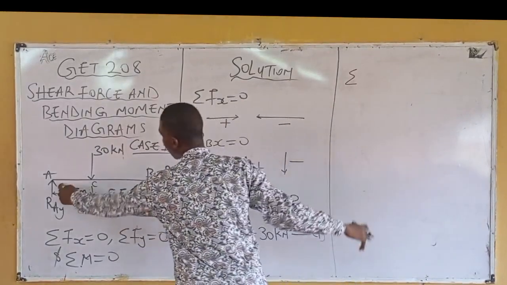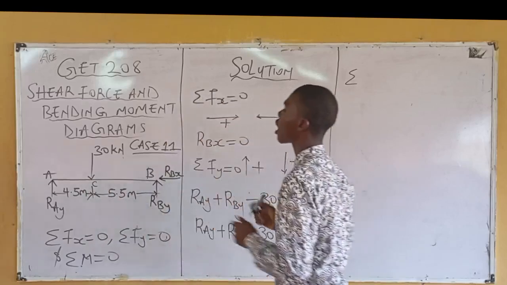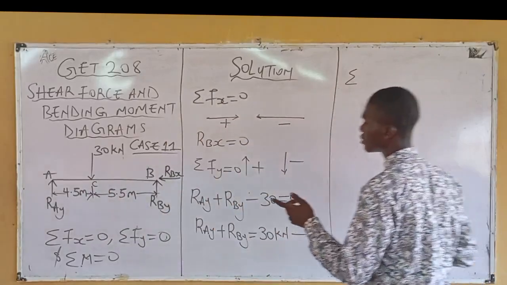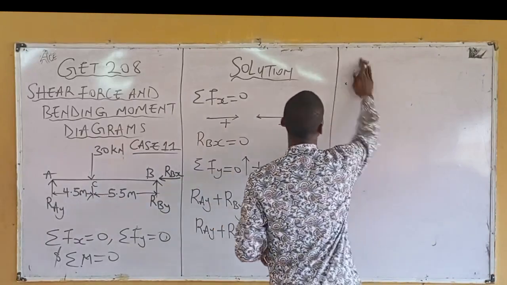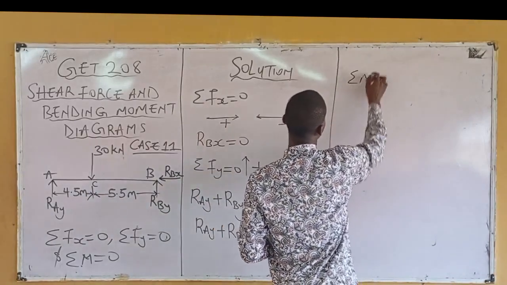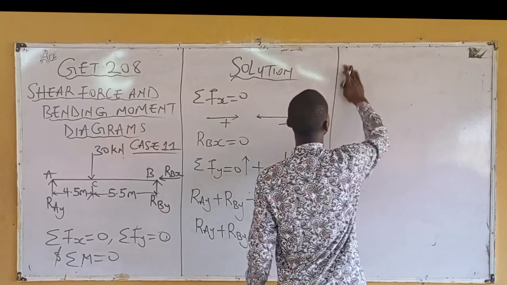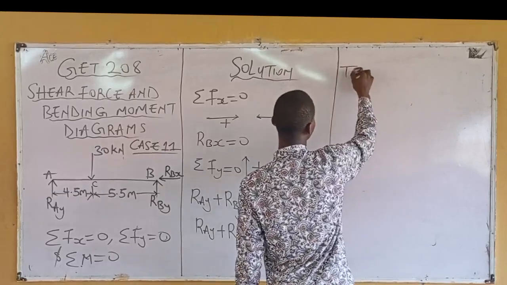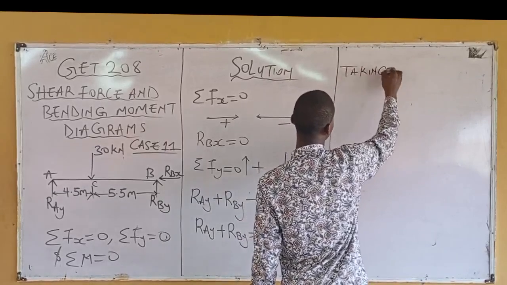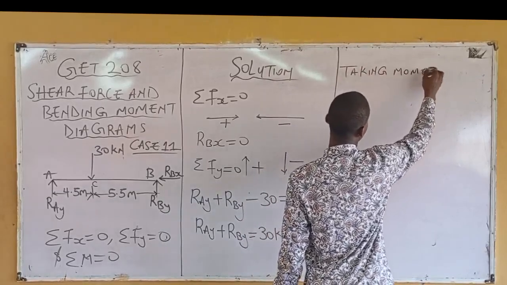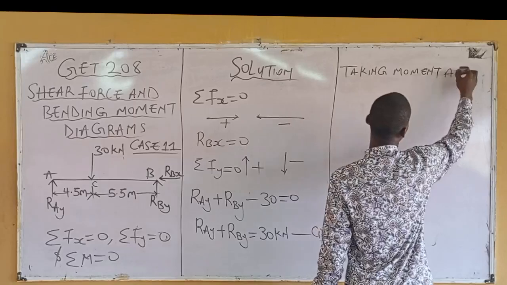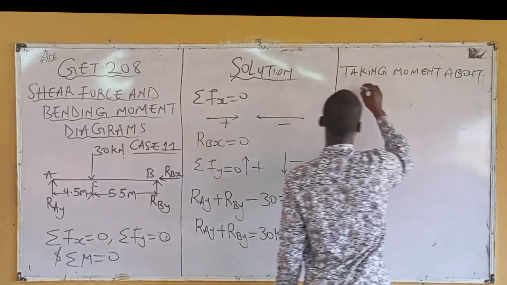Okay, what point should we take our moment about? At point A. Let's take moment about point A. Taking moment also attracts marks, so whenever you want to take moment, write it: taking moment about point A.